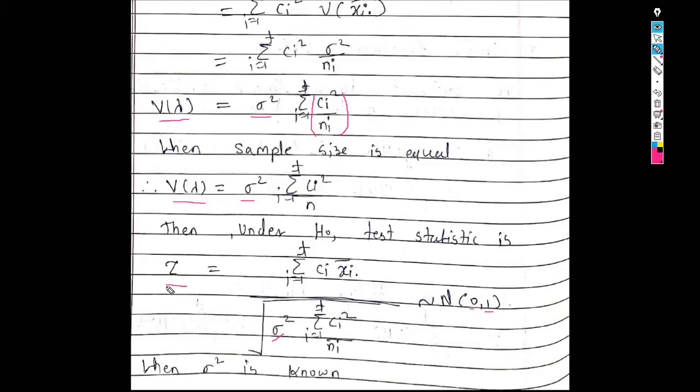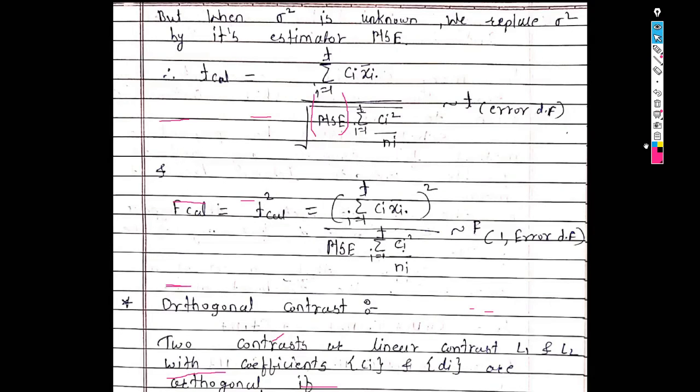So we use the z test statistic when our sigma square is known, that is, when the population variance is known. Else we go for the t test statistic.